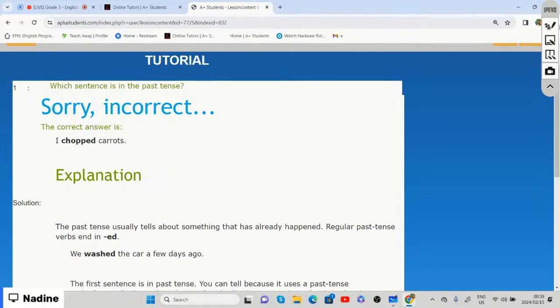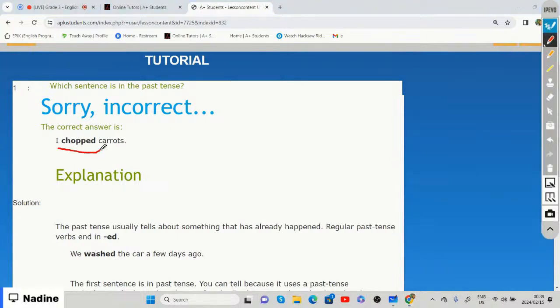All right, so we can say I chopped carrots, and we added an ed, chopped.